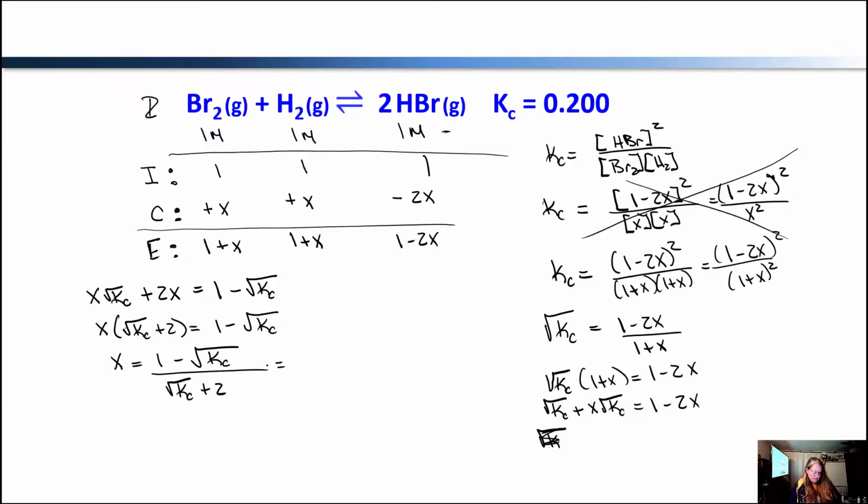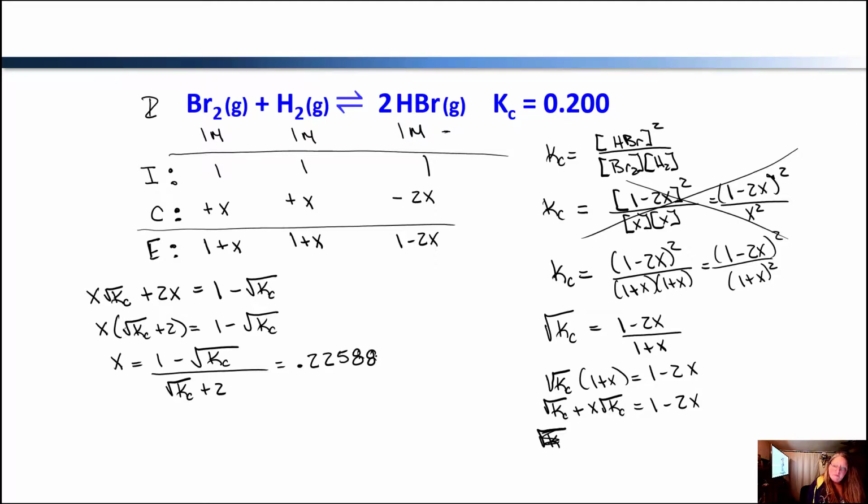1 minus the square root of 0.2, and the square root of 0.2 plus 2. So 1 minus, I'm expecting this to be a pretty small number. 0.225. Oh, okay. Whew. 0.22588.